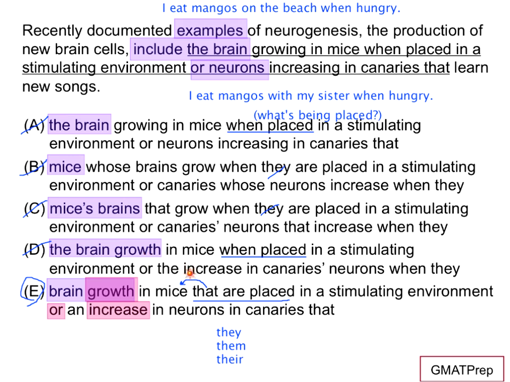So when you talk about the brain growth or the increase, you're referring to a specific brain growth, like maybe the mice have tumors in their heads or something like that, or you could use the when you're referring to something that you referenced earlier in the sentence. If you had already mentioned brain growth once and wanted to mention it again, then you could use the the second time, to say I want to talk about that same brain growth or that same increase that I talked about before. But this sentence doesn't do that. And so in this case, the is too specific. It wouldn't be good for this.